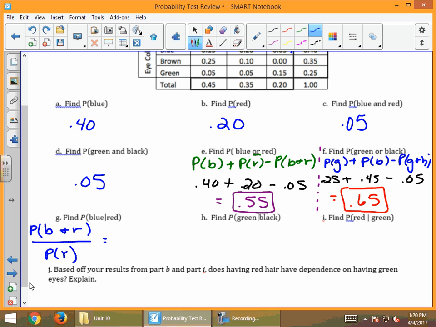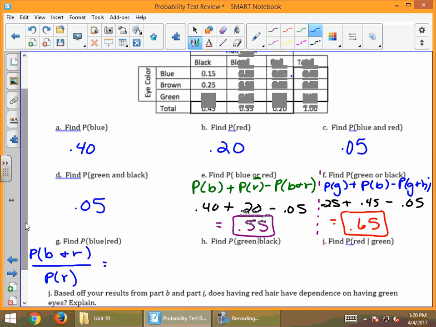Well, what's the probability of both having blue eyes and red hair? I already found it. 0.05. Divided by, what's the probability of just having red hair? 0.20. 0.05 divided by 0.20 is what? 0.25.